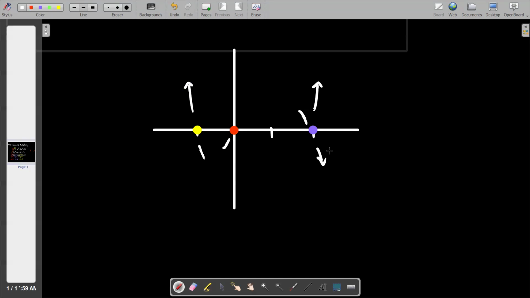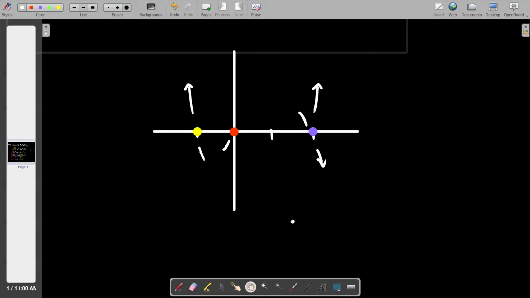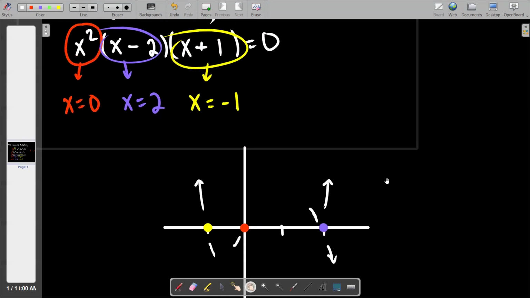So there's two things that are colliding with each other here, and we haven't made any mistakes, but that's where the new guy today comes into play, is one of the zeros has something that we call, here comes that big word, multiplicity.